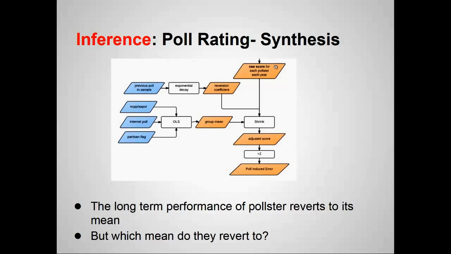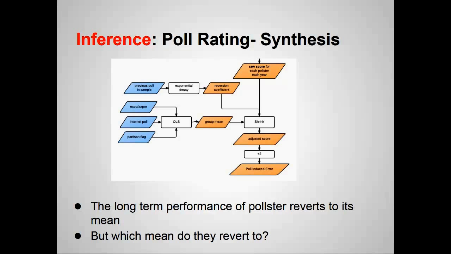Okay, so now you get a score for each pollster each year. Nate Silver noticed that if you look at the score in different years, the same pollster tends to do better sometimes and tends to be worse at other times.